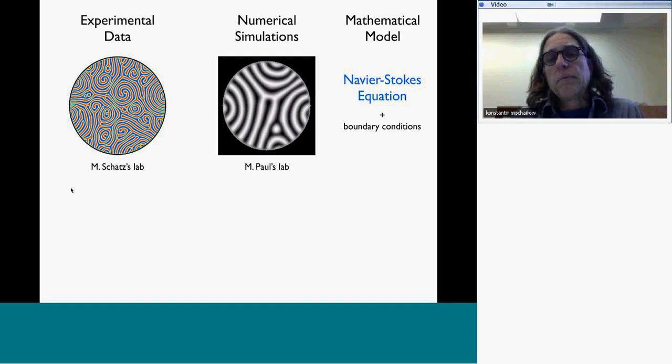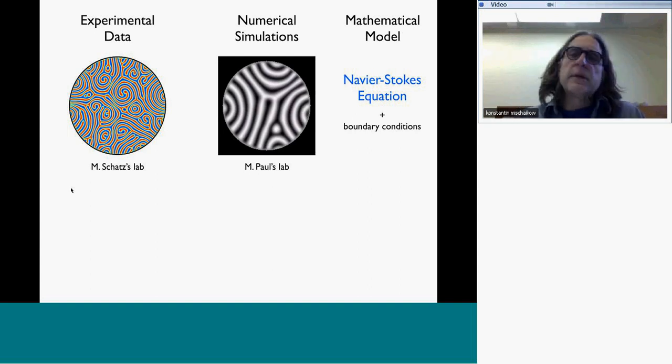I don't know that much about fluids, but my impression is that coming up with accurate representations of the boundary conditions that go into the numerical model is a non-trivial task. It's not something where you just have a nice simple equation like Navier-Stokes that can be written down.